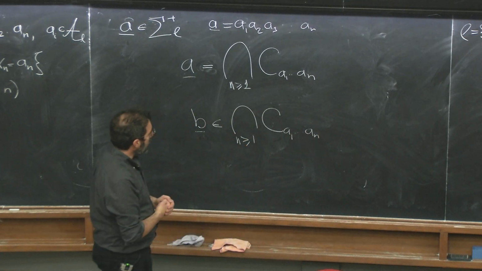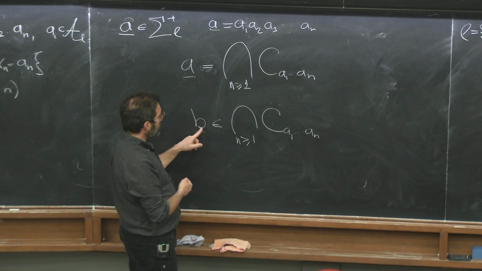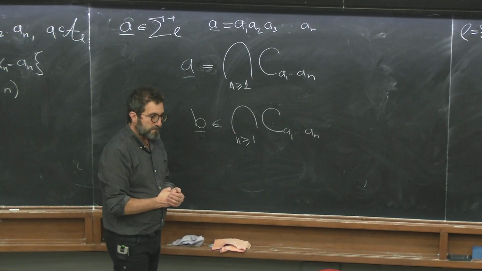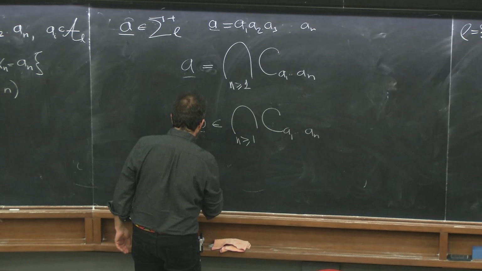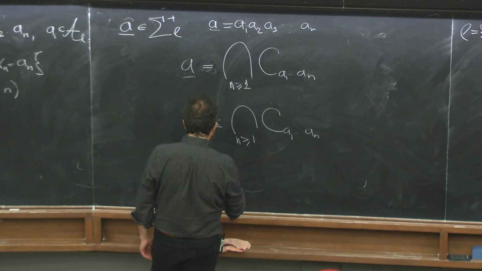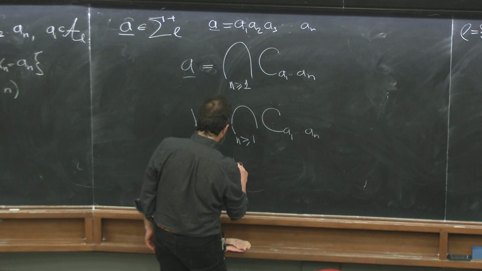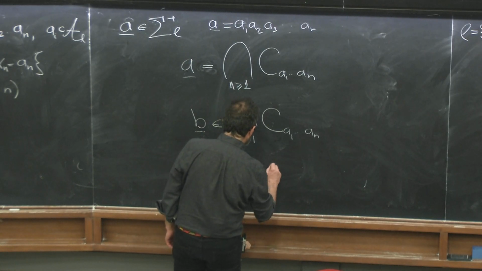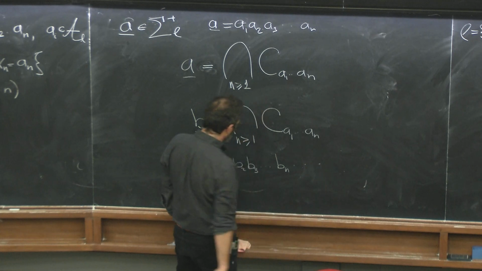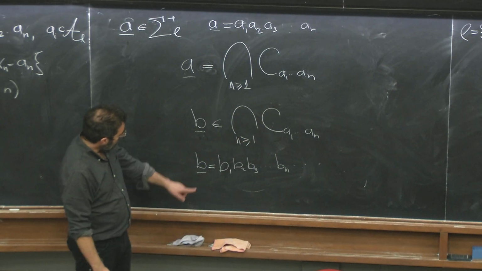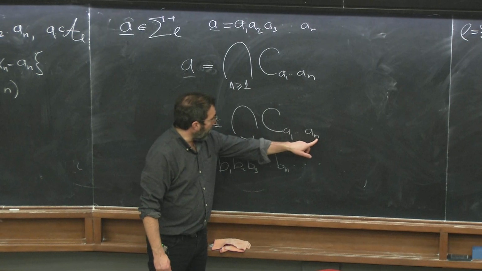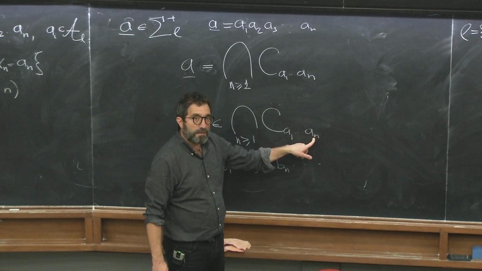Well, suppose by contradiction that there exists another point in here, right? Then we would have that B bar would be equal to some B1, B2, B3, Bn, and so on, right? But B bar must belong to C A1 to AN, right?